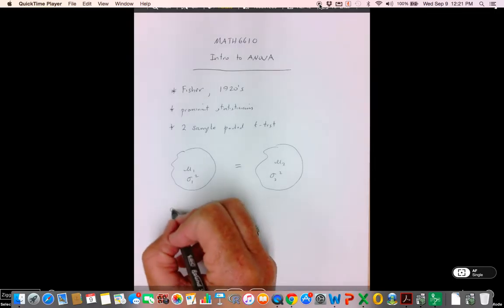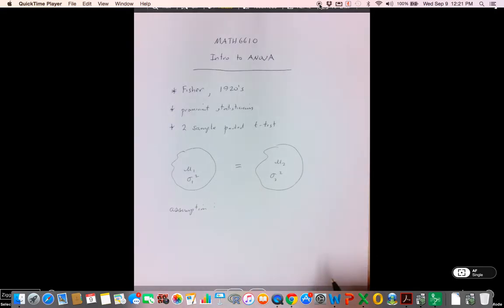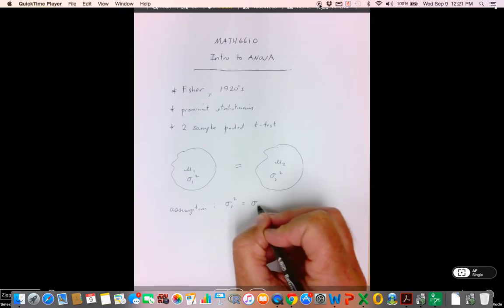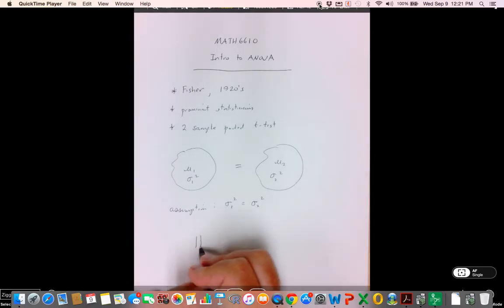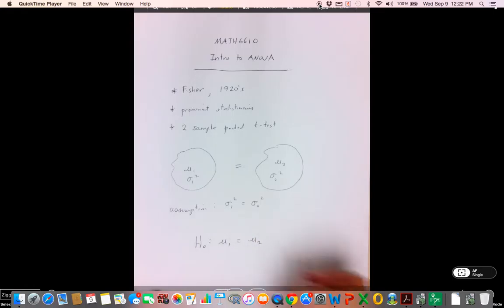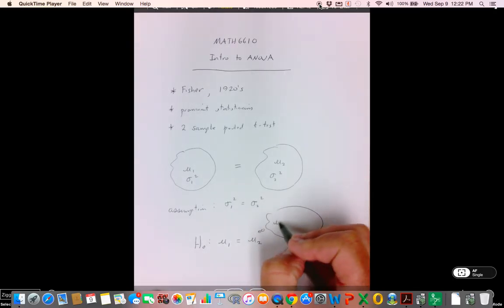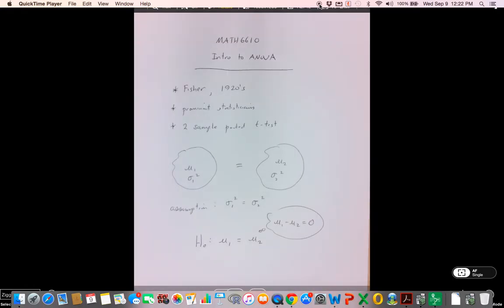So the assumption when conducting a two-sample pooled t-test is that the variance for the first population is equal to the variance for the second population. What we could test is that population mean 1 is equal to population mean 2, which, if you think about it, is the same thing as saying the difference in the means is equal to 0.